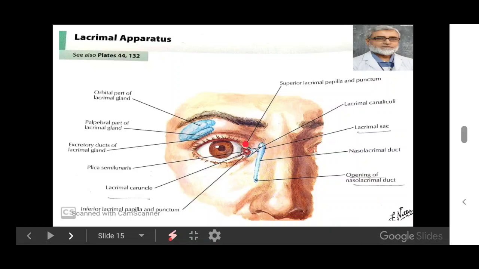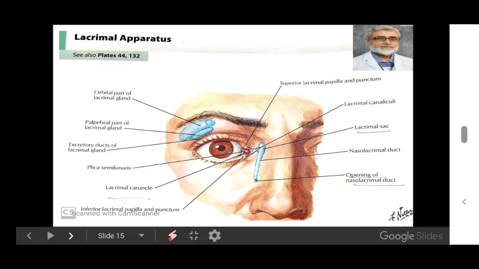Regarding the lacrimal sac, as I stated earlier, it is situated behind the medial palpebral ligament, lodged in the lacrimal groove, posterior to the medial orbital margin.